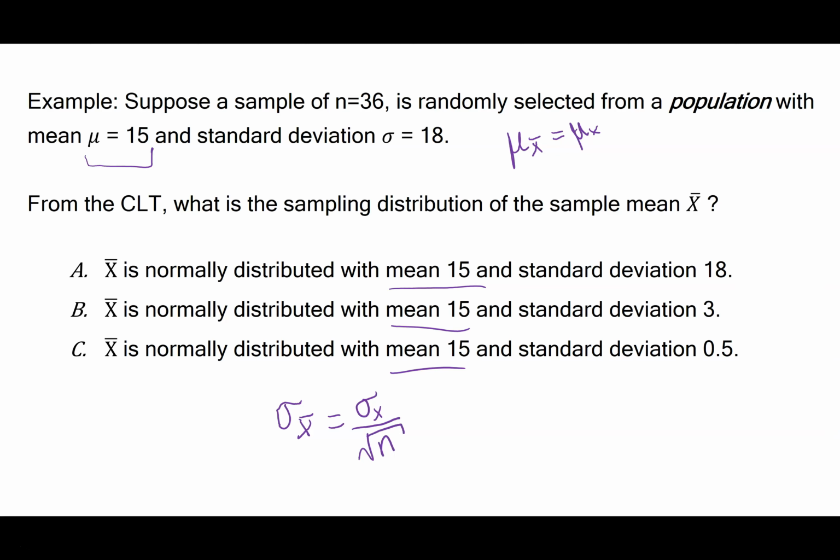Over the square root of n. So sigma of my population, that's 18. Note that we often aren't actually lucky enough to know what sigma is in real life. So we happen to here. And then 36, which is so nice, it's a square. So we end up with 18 over 6, which is 3. So looking here, standard deviation 3. B is going to be our choice here.